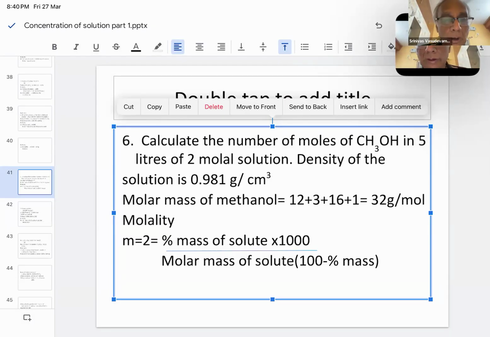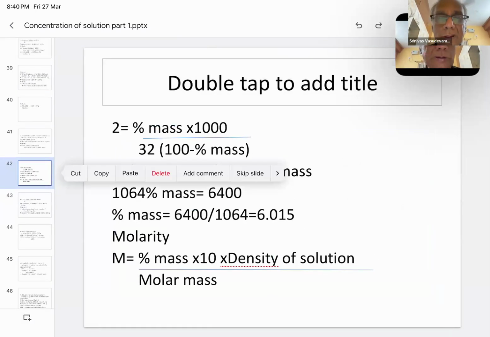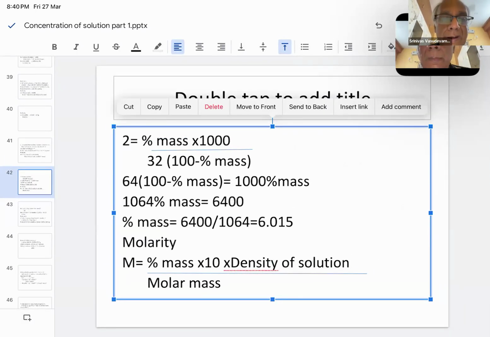So 2 is equal to percentage mass by 32 into 1000 by 100 minus percentage mass. So I am finding out the percentage mass by cross multiplying. 64 into 100 minus percentage mass equal to 1000 percentage mass. So percentage mass of the solute is 6.015.